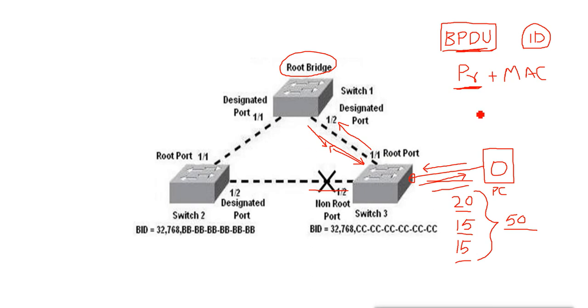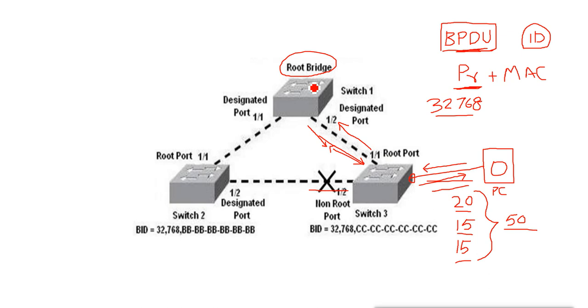Now the default bridge priority is 32,768. This is the default bridge priority for every Cisco switch. Now if any of these switches has less than this priority, then it will be elected as the root bridge.